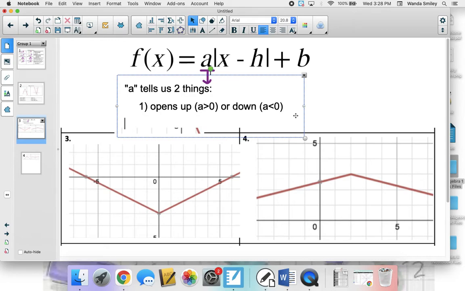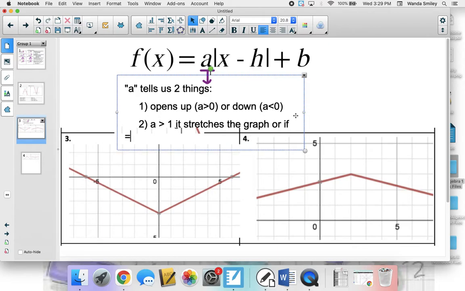It also tells us if A is greater than 1, it stretches, and or if A is between 0 and 1, it compresses the graph.